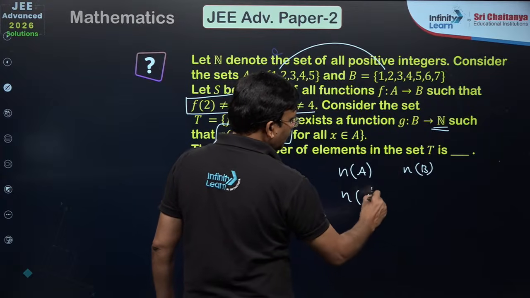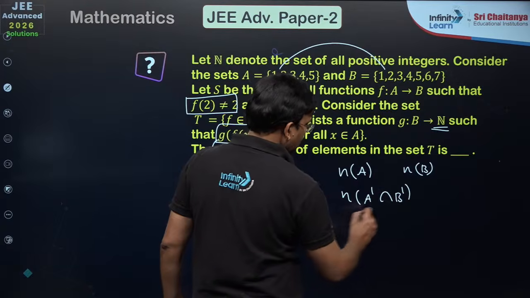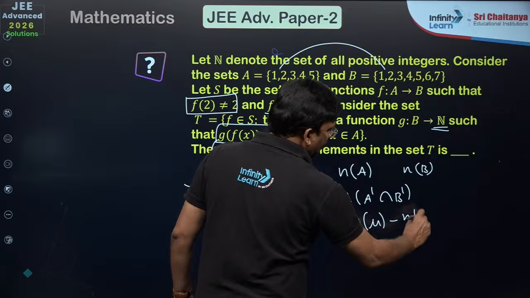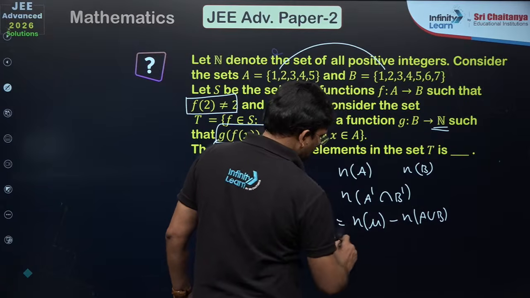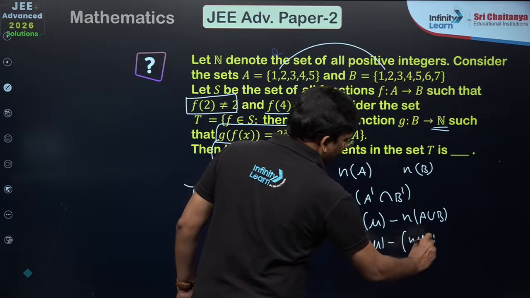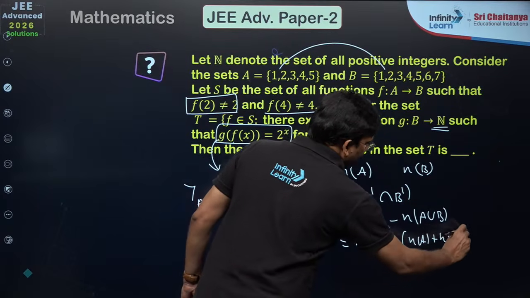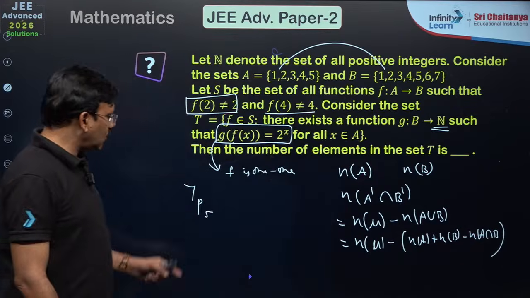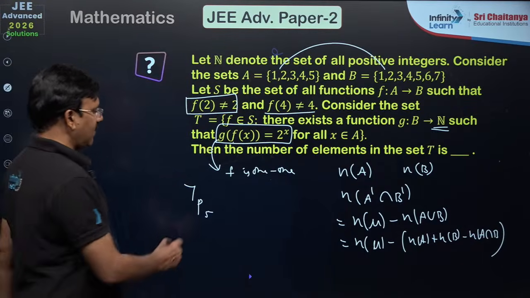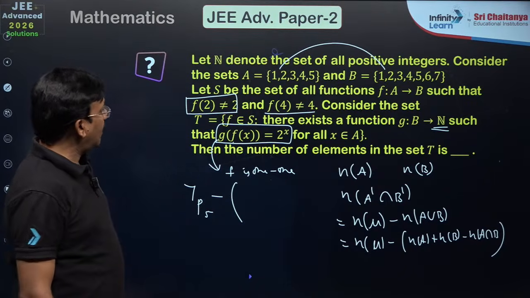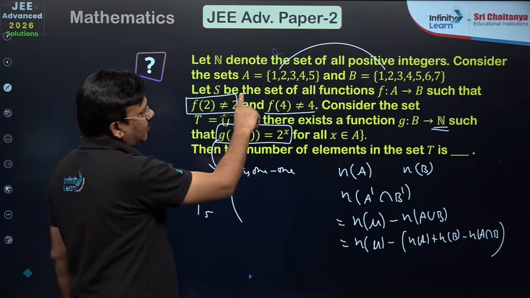I want n of A dash intersection B dash, which is n of mu minus n of A union B, which is n of mu minus of n of A plus n of B minus n of A intersection B, correct?